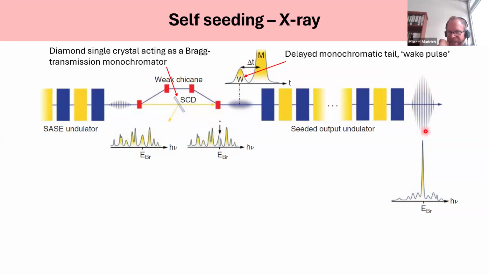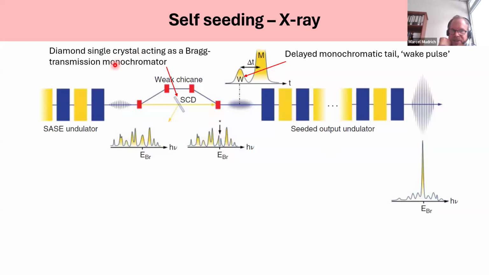So the resulting narrow spectrum that we get after the second undulator as a positive strong component in the spectrum actually is just where the dip in the spectrum was in the first place after passing through this diamond single crystal transmission monochromator.